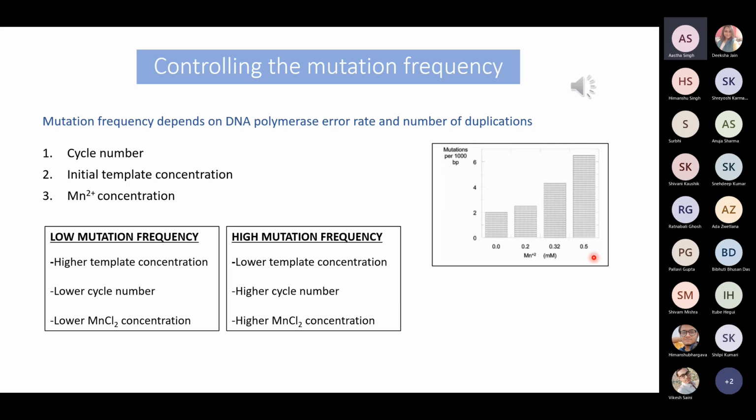So in general, if you want a lesser number of mutations, you should aim for higher template concentration that is still in the range, lower cycle numbers, and lower manganese chloride concentration. On the other hand, if you want high mutation frequencies, you should take lower template concentration, higher cycle numbers, and higher MnCl2 concentration.